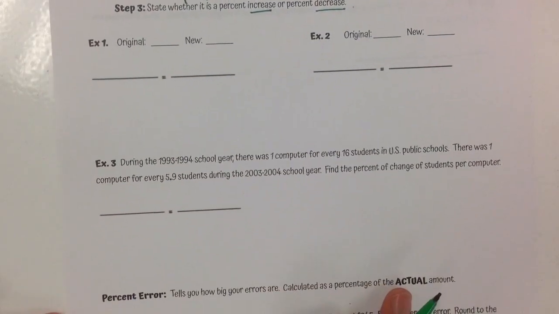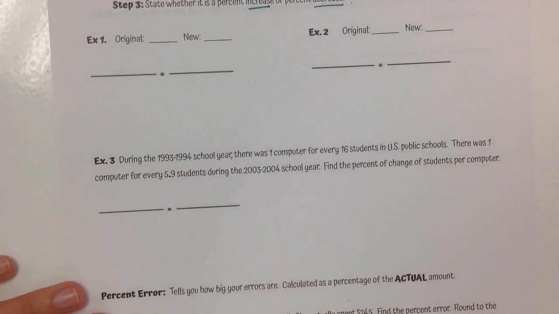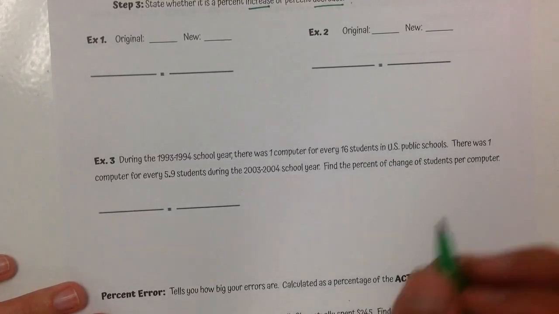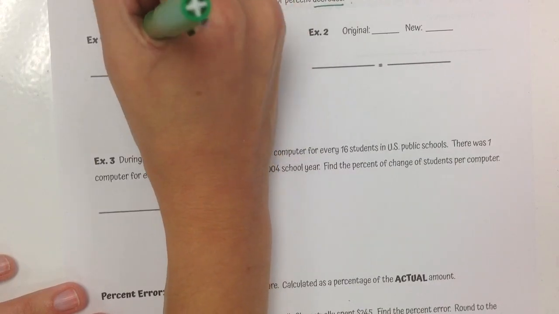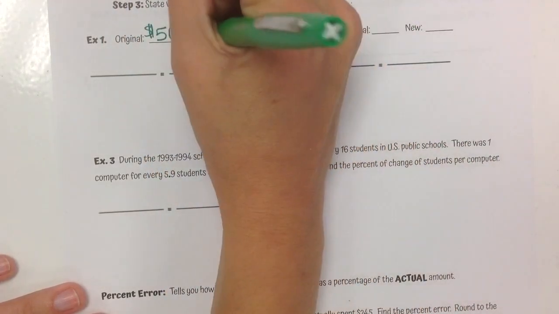So let's look at these first two examples. Example one, let's say that the original amount is $56 and the new amount is $63.